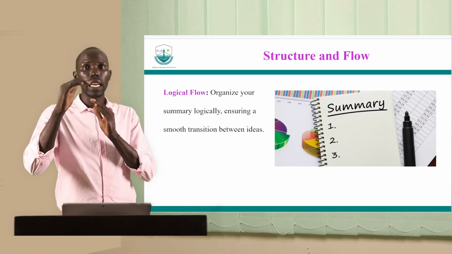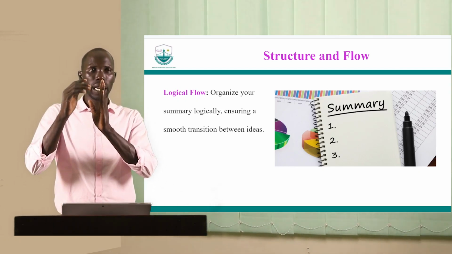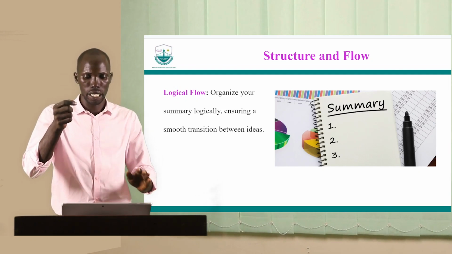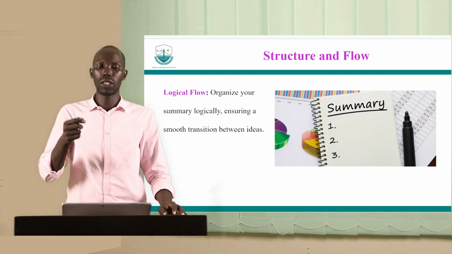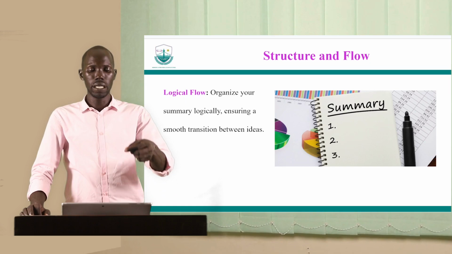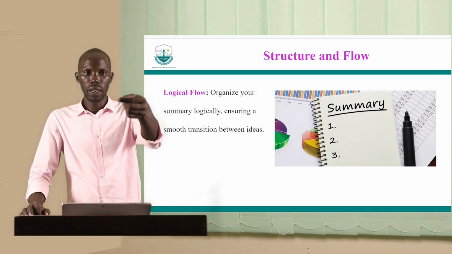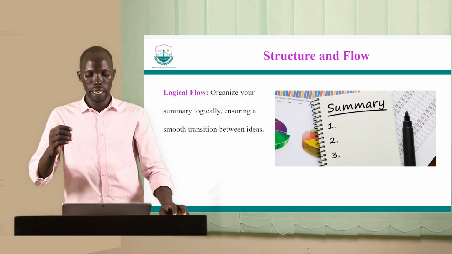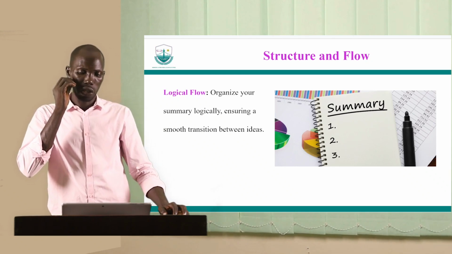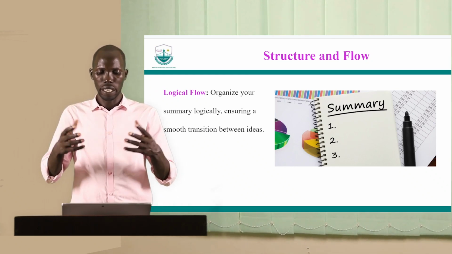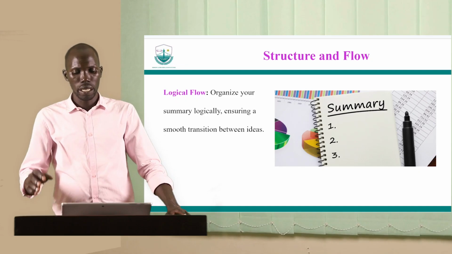So you should logically arrange your ideas in that order, and also chronology, sequencing is necessary in summarizing your original text, which means start with the first and then go in that order to the last points. That enables a smooth transition of ideas, smooth flow of ideas in the summary.